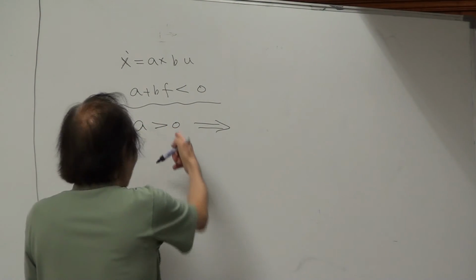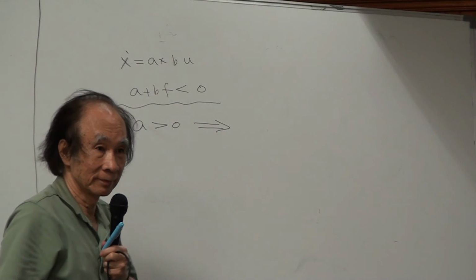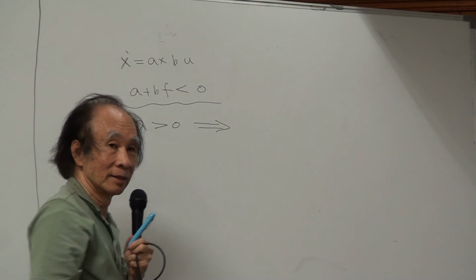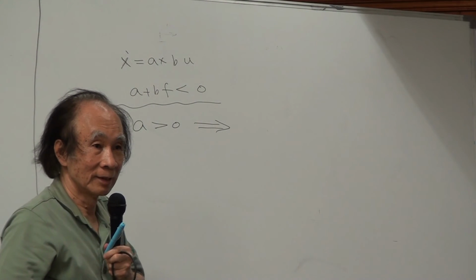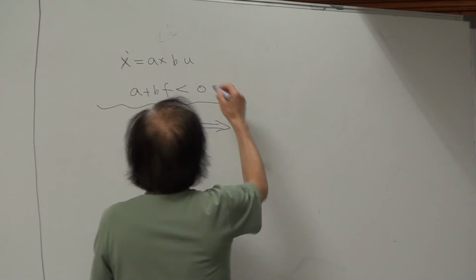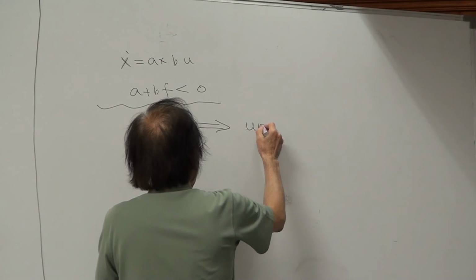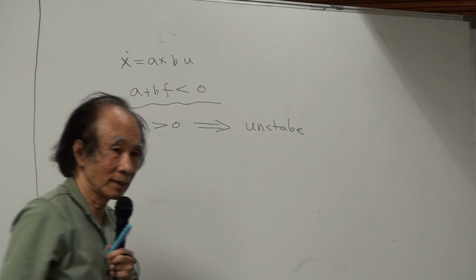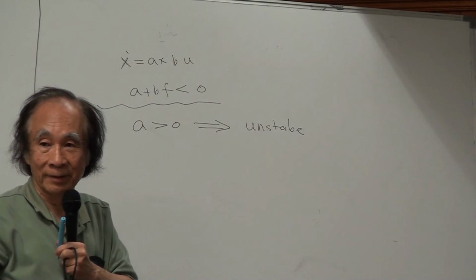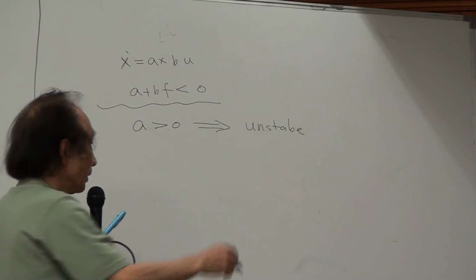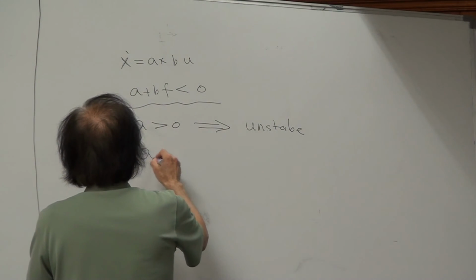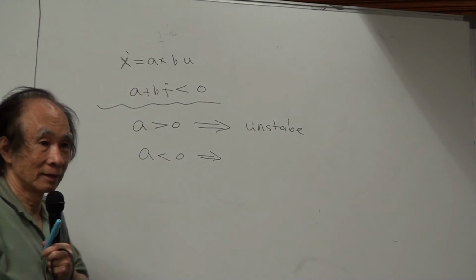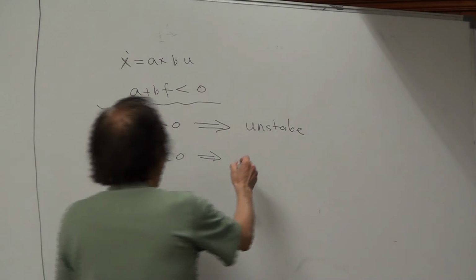A larger than 0, what does that mean for this system? That means the system is unstable. Agree? What do you mean by A less than 0? This is stable.